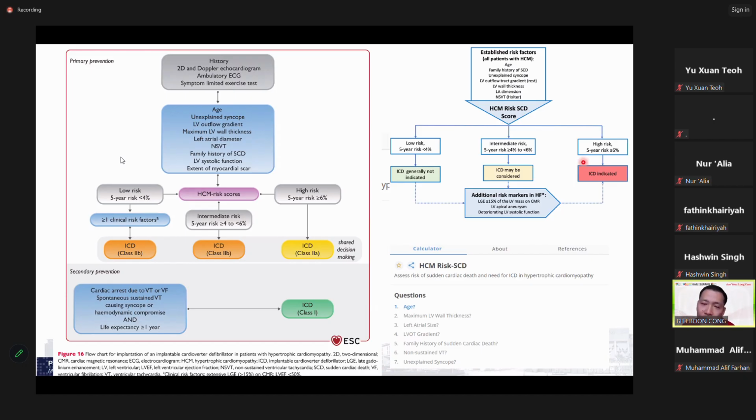Okay, so these are the things you need to know when you see a case of hypertrophic cardiomyopathy.